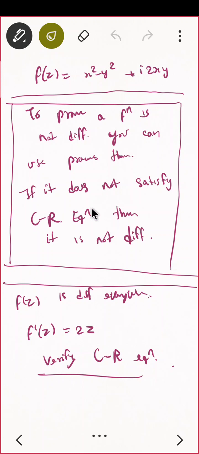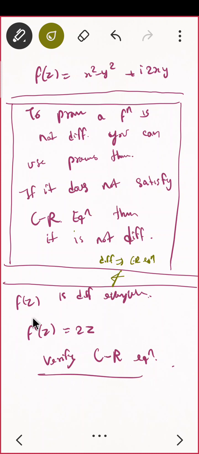To prove a function is not differentiable, you can use this property, the previous theorem. If it does not satisfy the CR equation, then the conclusion will be that it is not differentiable, because differentiability implies the CR equation, correct? And the converse is not true. That is, the CR equation does not imply differentiability.